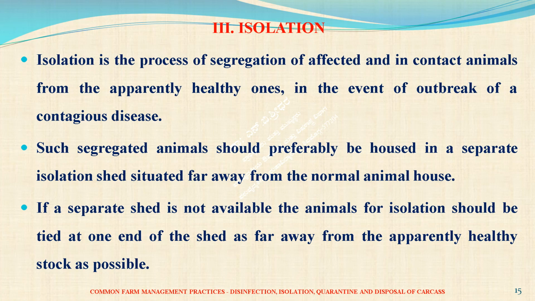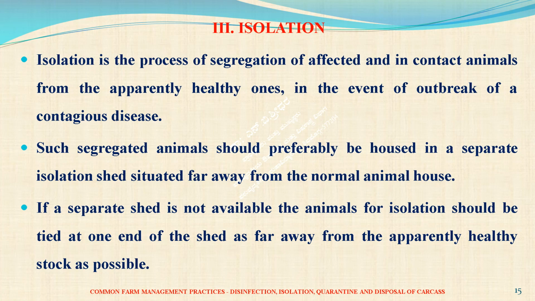Then the third term is isolation. Isolation is the process of segregation of the diseased or infected animals from the apparently healthy ones in the event of an outbreak of a contagious disease. So such segregated animals should preferably be housed in a separate isolation shed situated far away from the normal animal house.